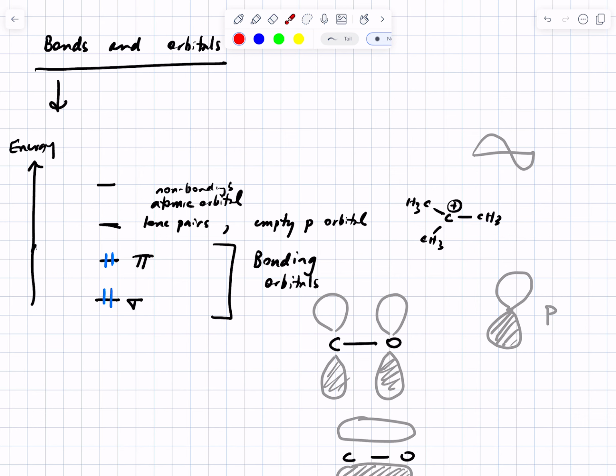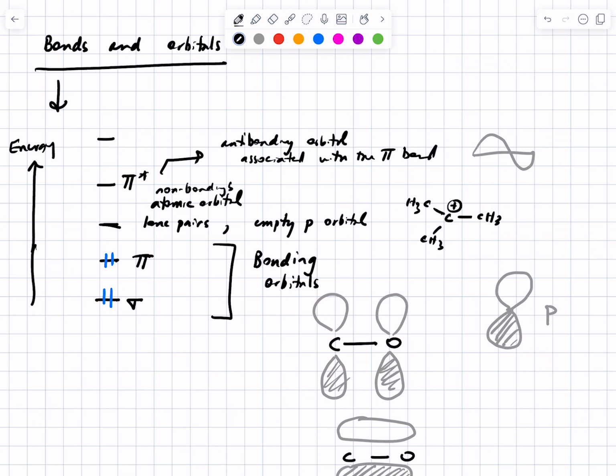Again, there are reasons for that we don't have time to talk about. So I'm going to draw a pi with a star on it here, and that is the antibonding orbital associated with the pi bond.